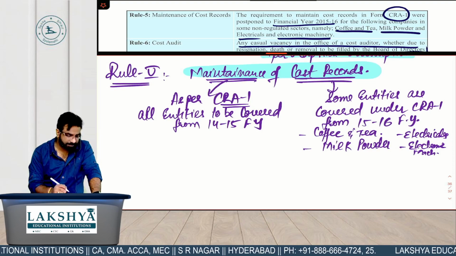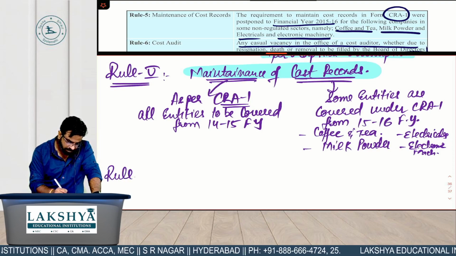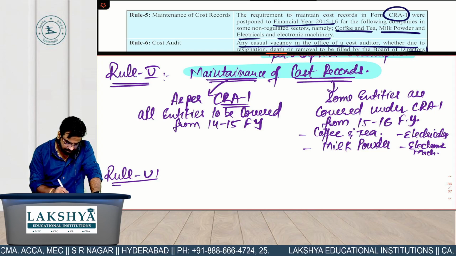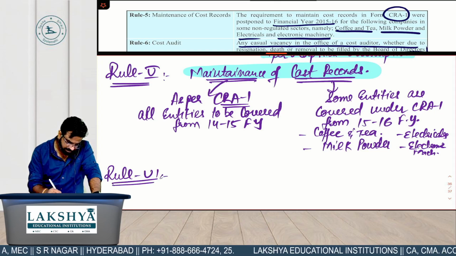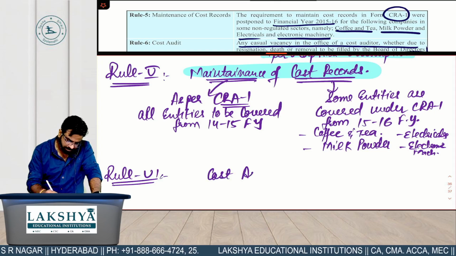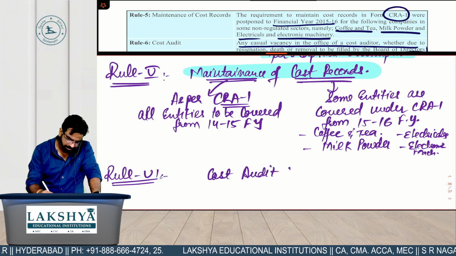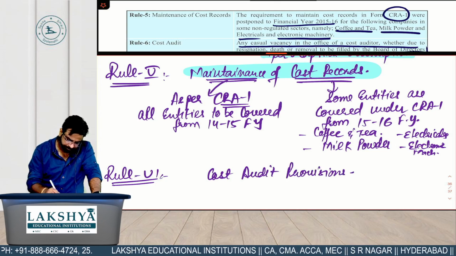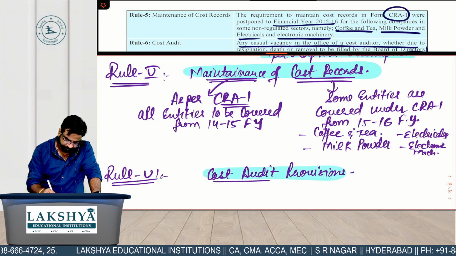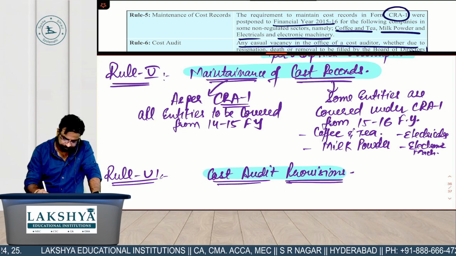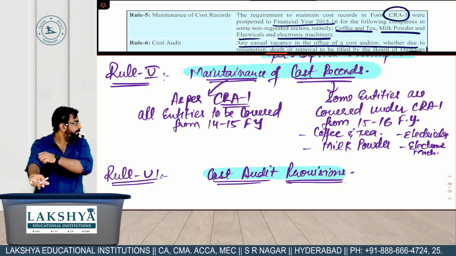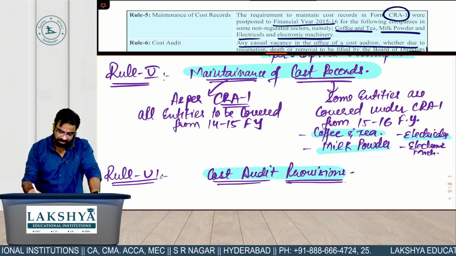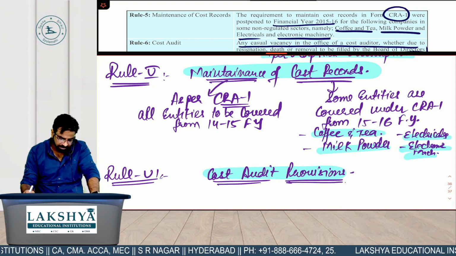Rule 6th, cost audit, omissions. Coffee and tea, milk powder, electricals and electronic machinery.